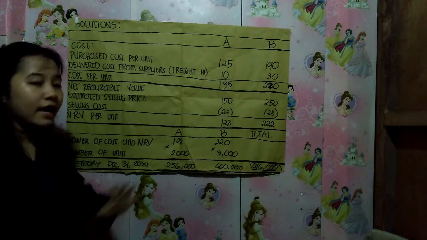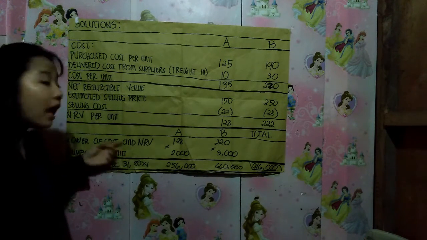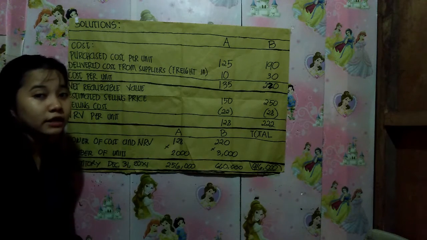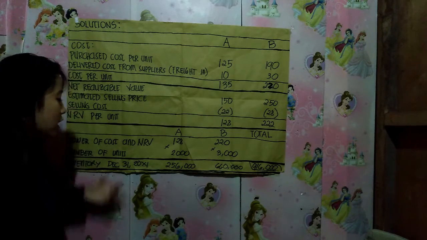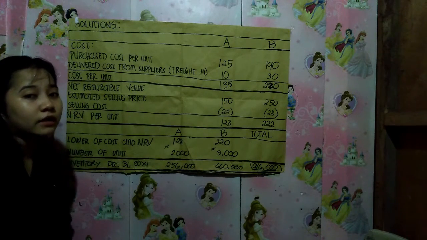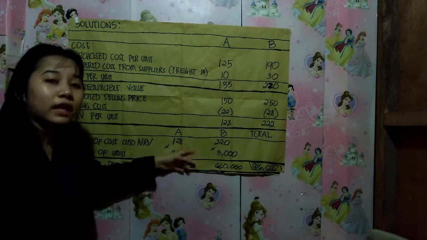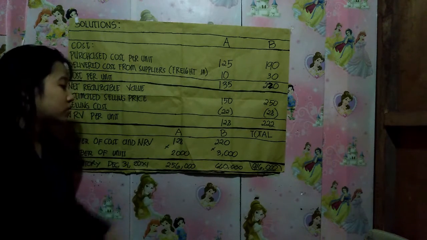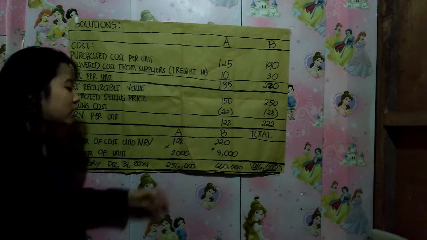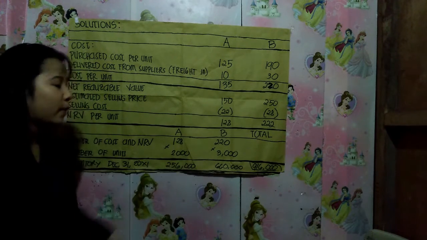So, next is number of units. I think the number of units is already given. So the number of units is 2,000 for A and 3,000 for B. So you're just going to multiply the 128 and the 2,000 for A, and that will result in 256,000.